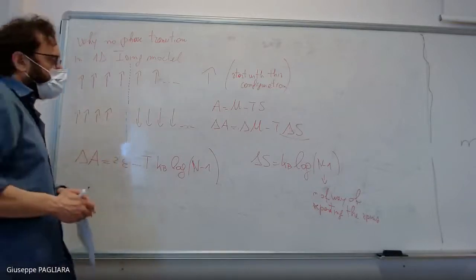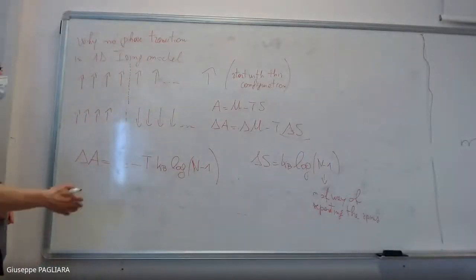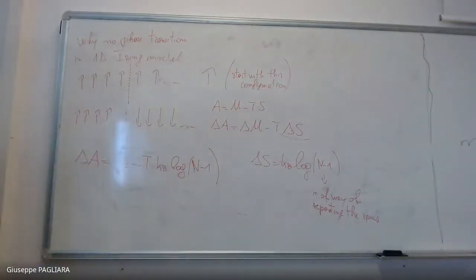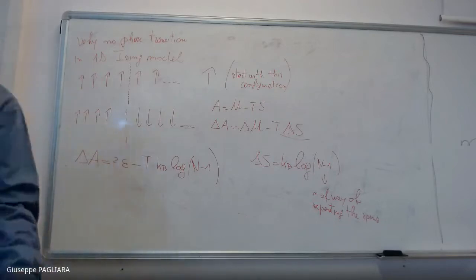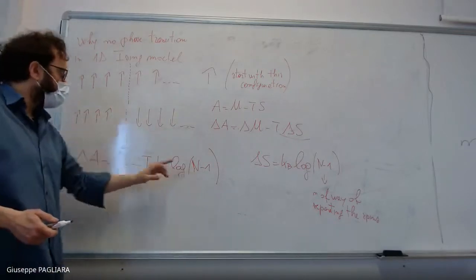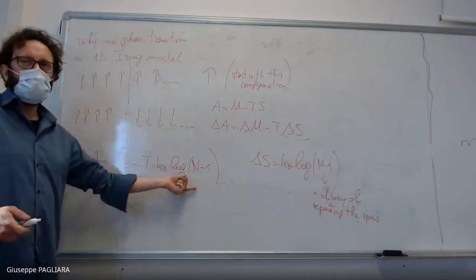Okay, so since I have n minus 1 ways to do it, the variation of the entropy will be something like that. And so you see here that since n is large, this delta A will be dominated by this term here.